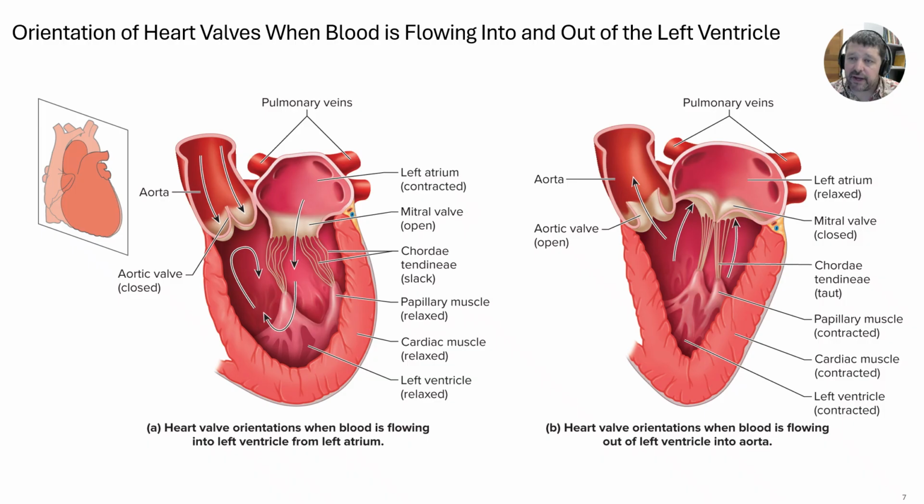It can't flow back into the left atrium. So these valves are really preventing blood from trickling out or reversing and going backwards in the system. The valves really control the flow of blood. Now the force is generated by the myocardium of that region.